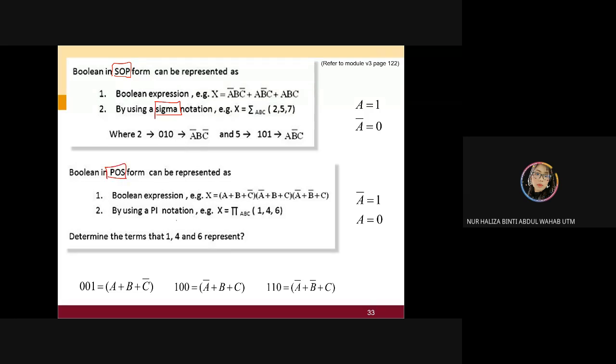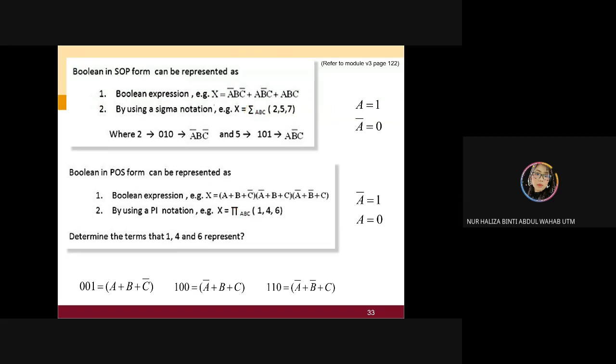POS is going to use pi notation. If you see sigma directly, it is SOP. If you see pi, you know it is a POS. So you need to know and differentiate between these two notations.